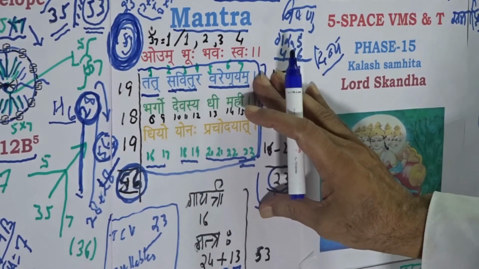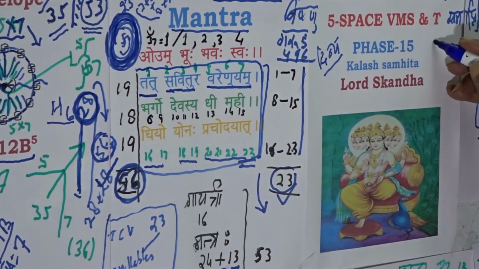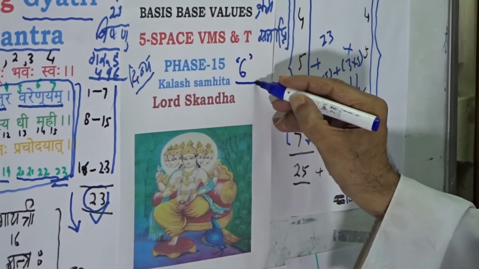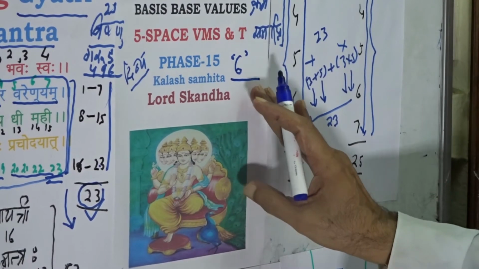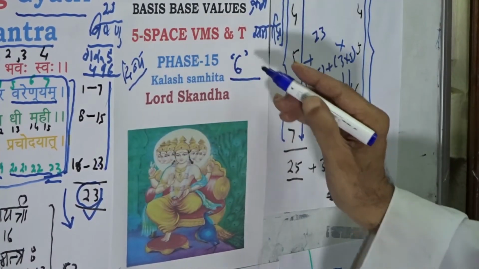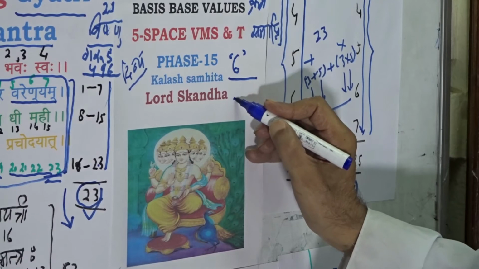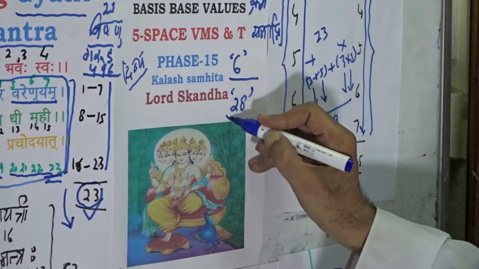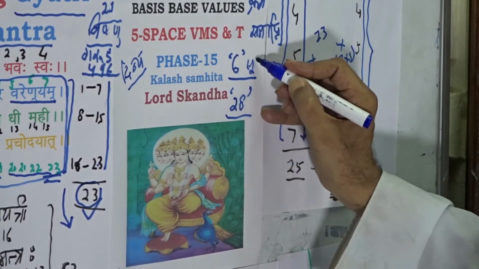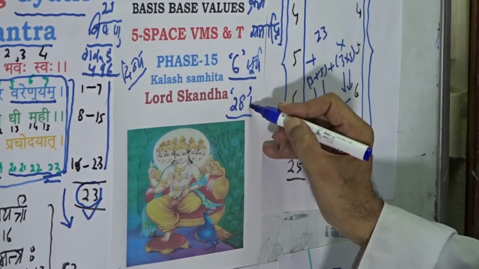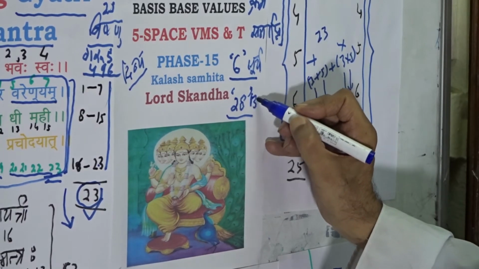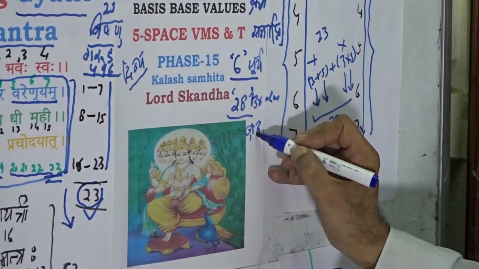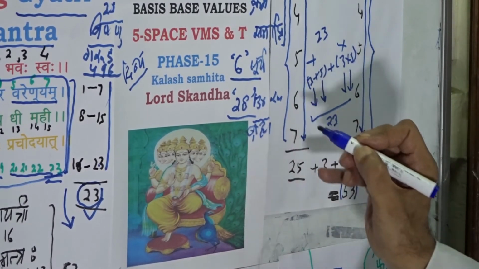Initially we were working with the 6 space, value 6, the first perfect number, which had taken us to the TCV values, and we had a 5 space VMC format. Along this format, a step ahead, we would be reaching the second perfect number, value 28, means from Surya to Brahm. So from Sun to Brahm, they create.